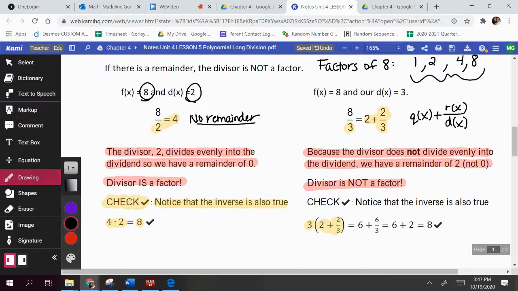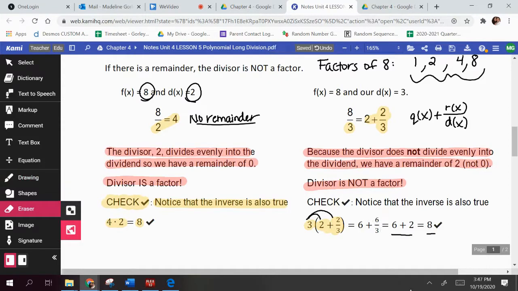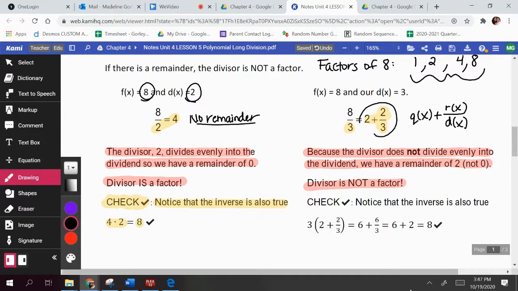And if you check this, it does. If I distribute the 3 through, we get 6 plus 6/3, which is really 6 plus 2, which is 8. That's just a nice way to check our work, is to undo the division. Multiply whatever the answer is by the divisor and see if you can get back to your original number.